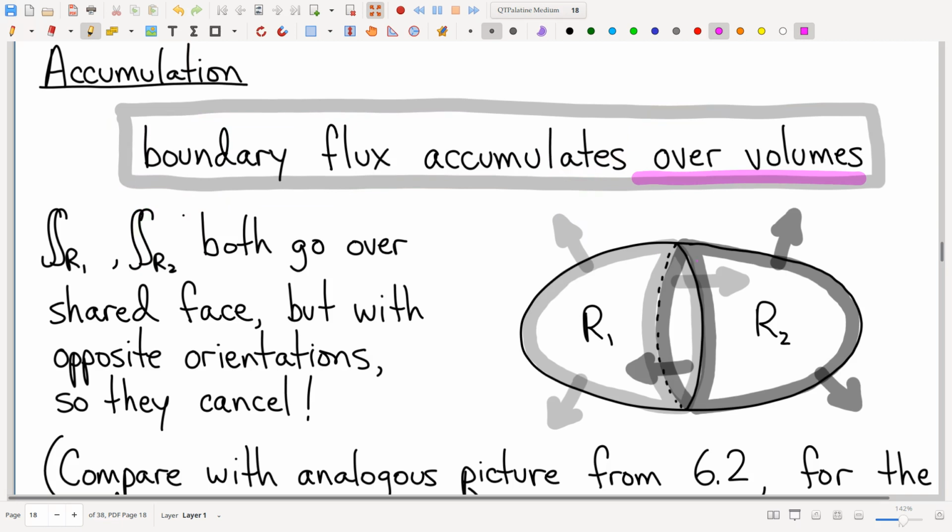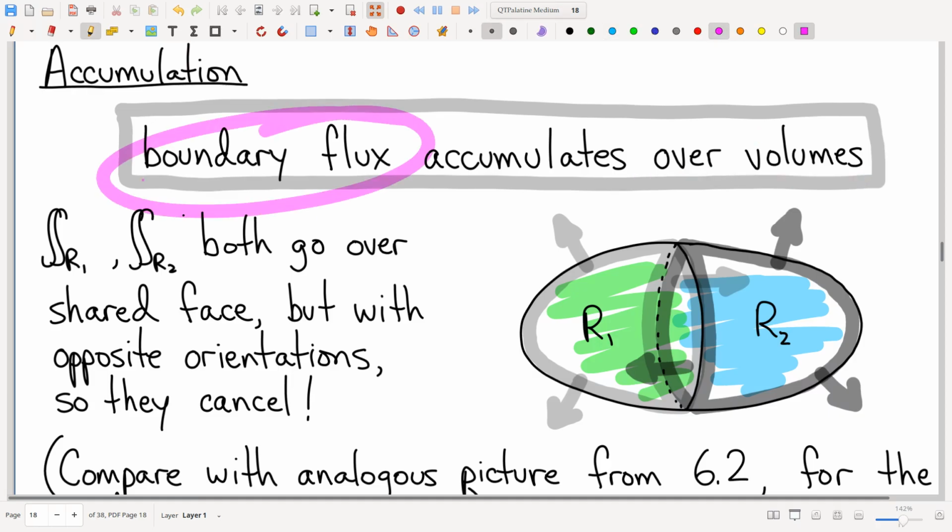What that means is that if you have a whole volume and then you split that up into pieces of volume, sort of a left piece and a right piece, that this quantity, boundary flux, for the whole will be the sum of the parts. Right? Specifically, though, where we split up the volumes.